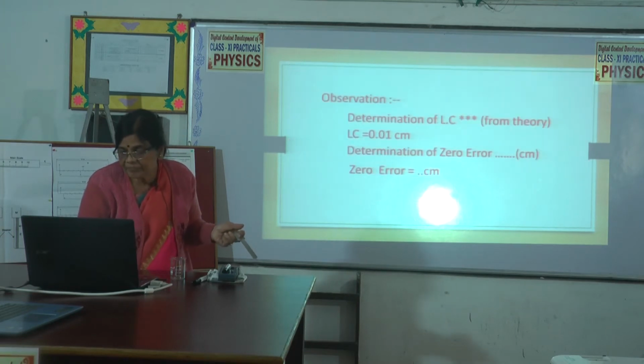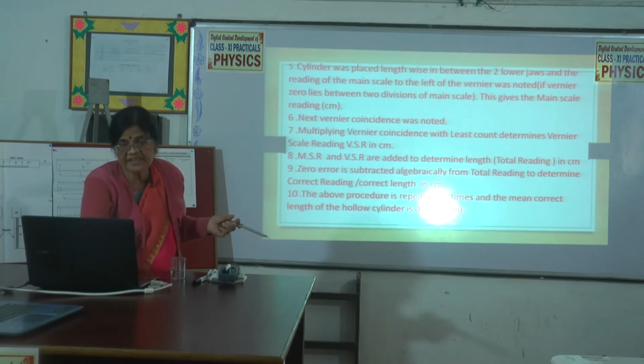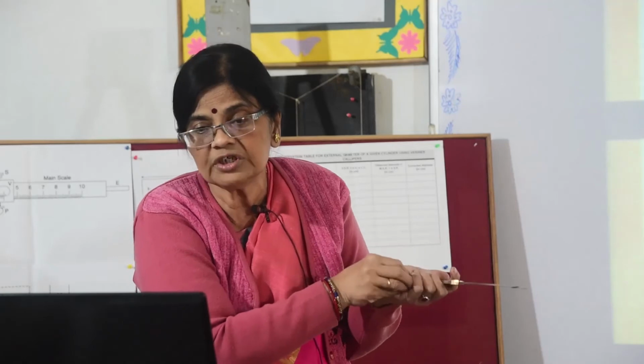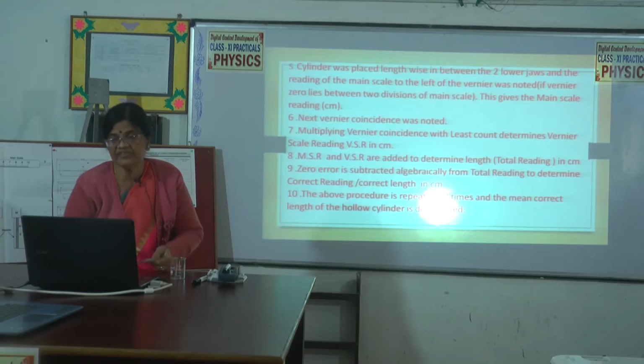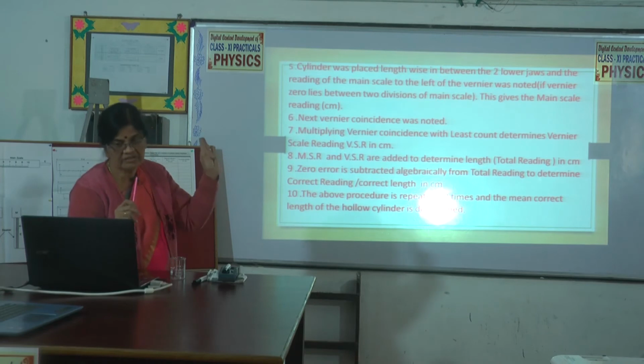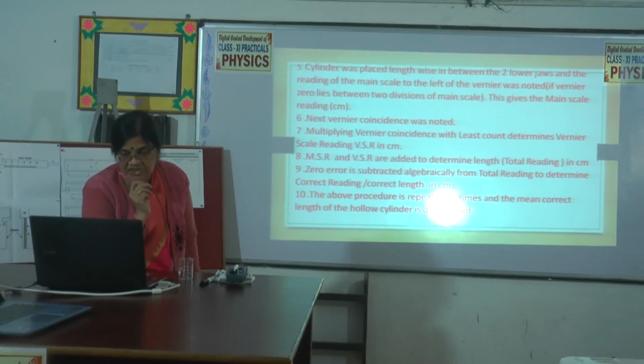So let me read it out. First the cylinder was placed lengthwise between the two lower jaws, and the reading of the main scale to the left of the vernier zero is noted. If the vernier zero lies between two divisions of the main scale, the left one gives the main scale reading. Next, the vernier coincidence is noted, that is my sixth division.